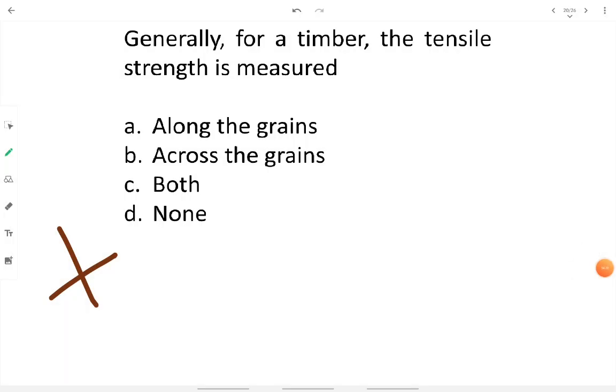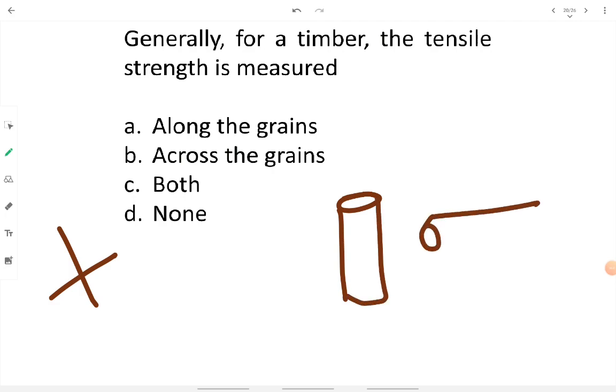So we carry out the tensile strength test of the timber log in the across-the-grain direction and also along the grain direction. In both directions, parallel or longitudinal, lateral or perpendicular, we carry out the tensile strength test.